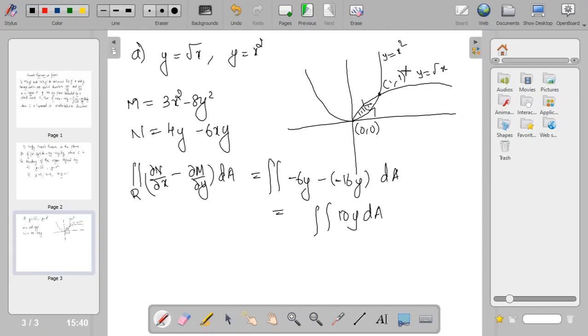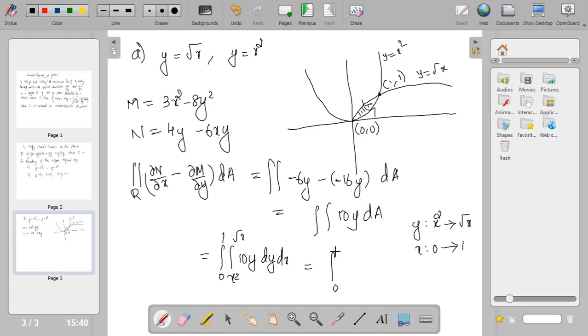Now in the region R which is bounded by these two curves, y will vary from x² to root x and x is varying from 0 to 1. So we will take the order dy dx, so that is the integral from 0 to 1, from x² to root x, of 10y dy dx.